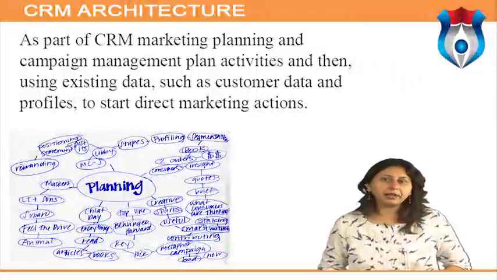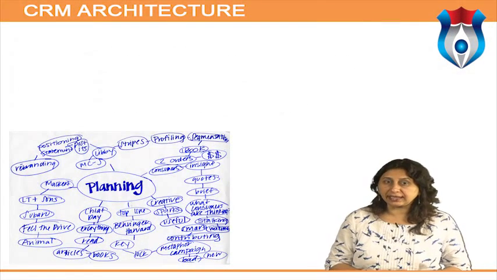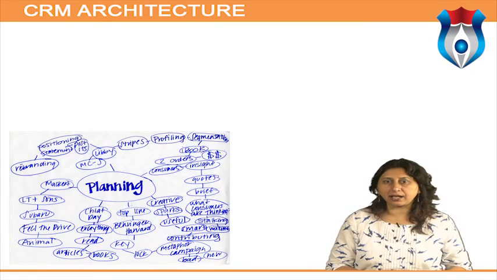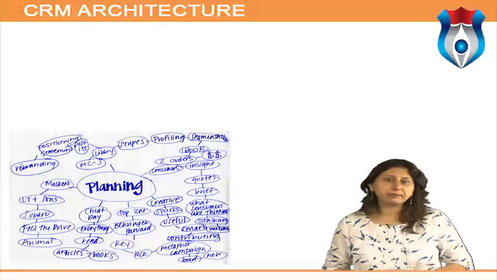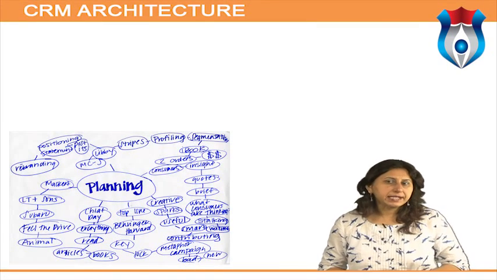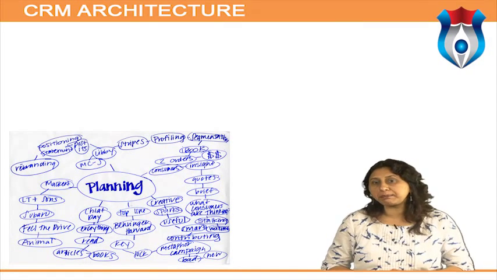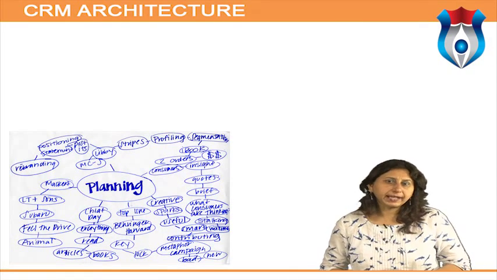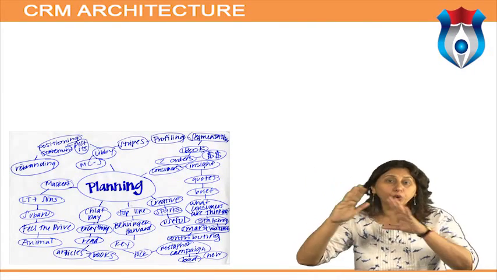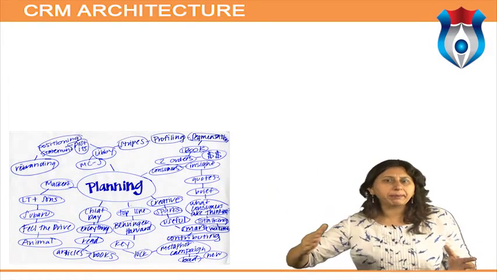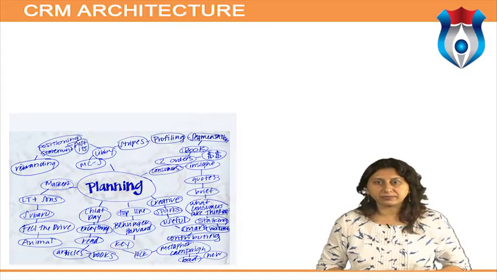As part of CRM marketing planning and campaign management, we plan activities and then use existing data such as customer data and profiles to start direct marketing actions. Marketing planning and campaign management is referred to as marketing planning. We can plan activities at different levels, from high-level marketing plans for the whole concern down to campaigns for individual products at local level or events.